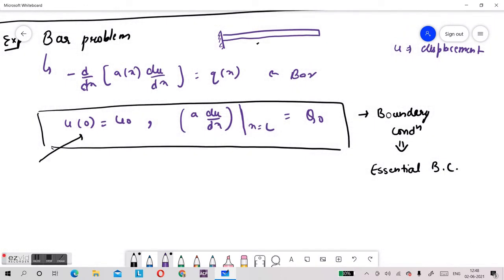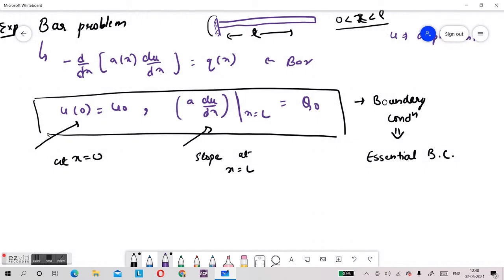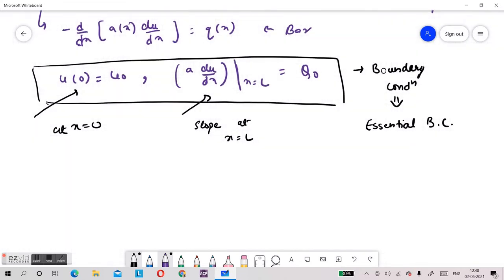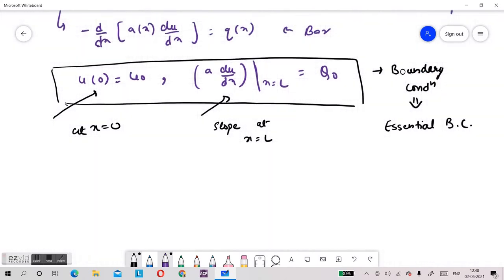This is our x, and this is our length L. The limit of x will range from 0 to L. This is the displacement at x equals 0, and du/dx here represents the slope at x equals L. So these are the boundary conditions at this end and at that end, which are given to us in the question, and they are called essential boundary conditions.